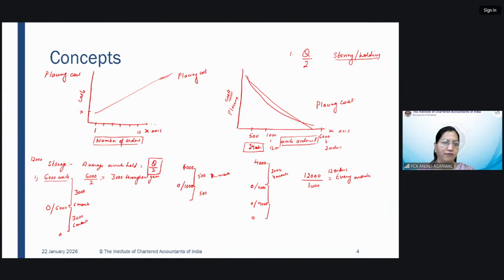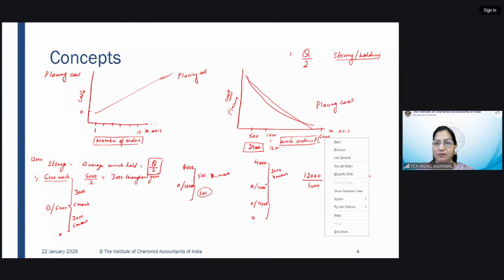Now, if you are holding 3,000 units, will the storing cost be higher, or if you are holding 500 units? The storing cost will be higher if you are holding 3,000 units. So that means it will be higher when you order higher units.